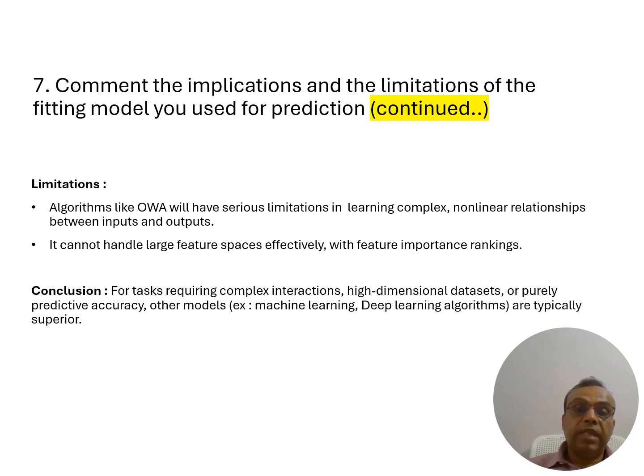So for tasks requiring complex interactions and high dimensional data sets, where I don't need, let's say, explainability, I'm just bothered about accuracy, I will go with other machine learning models other than linear models, like random forest or tree-based or deep learning algorithms.